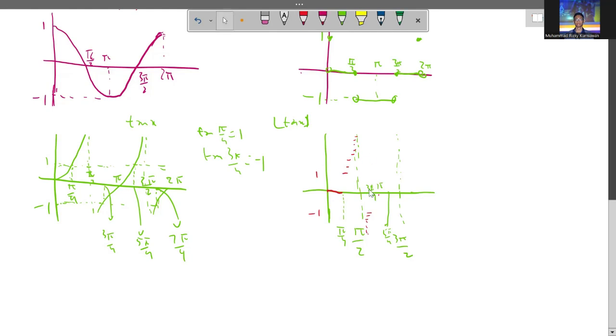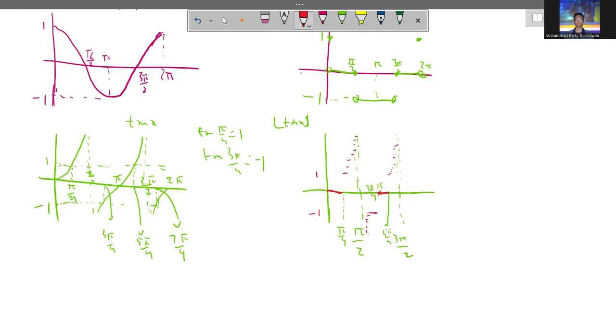And then from 3 pi over 4 to pi, you'll get this here. So it stays -1 between 3 pi over 4 and pi. From pi to 5 pi over 4, it is 0. And then from 5 pi over 4 to 3 pi over 2, it exhibits the same behavior as you can see here, so they're quite identical.